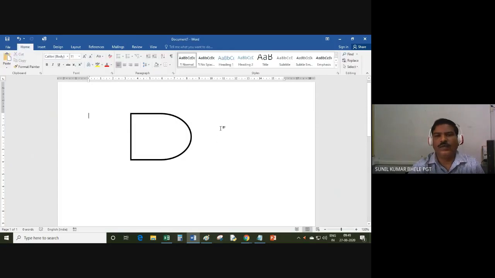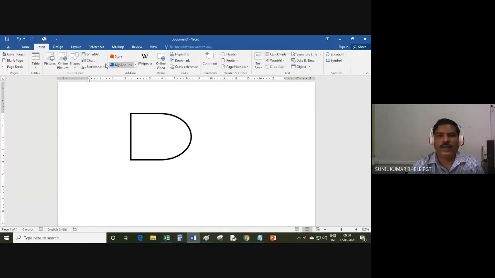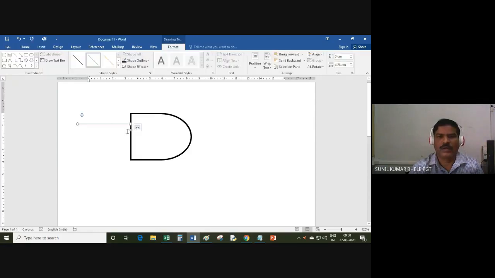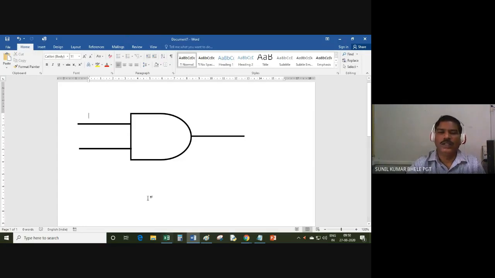So this is the symbol of AND gate, and suppose there are two inputs and one output.